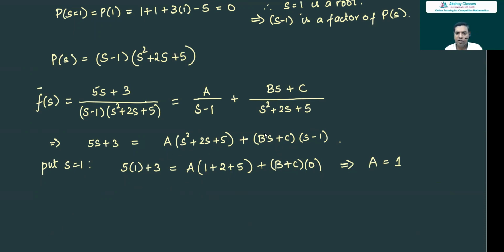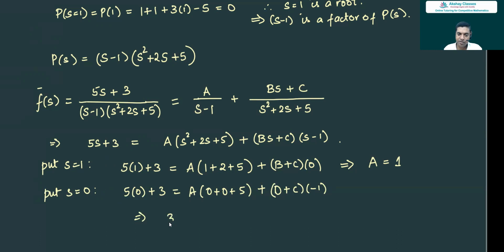Next, a we found. Suppose I want to find now b or c. Easy trick for finding c is to put s equal to 0. If we put s equal to 0, b vanishes, and then we already know a, we can find c. So we get 5 into 0 plus 3, equal to a times 0 plus 0 plus 5, and a is 1 from the previous result, plus b times 0 plus c times minus 1.